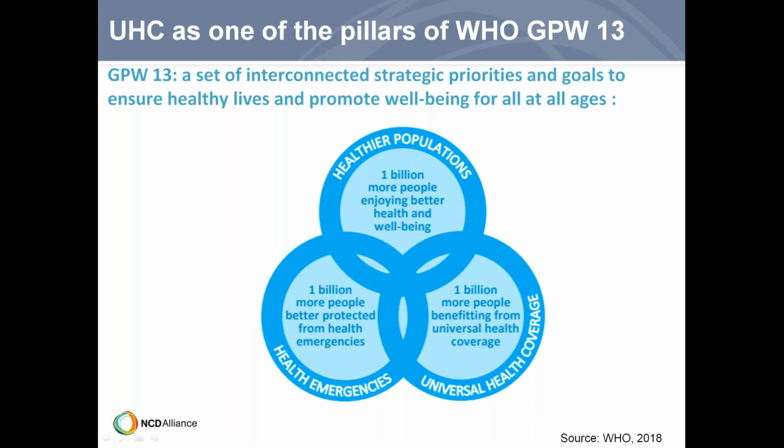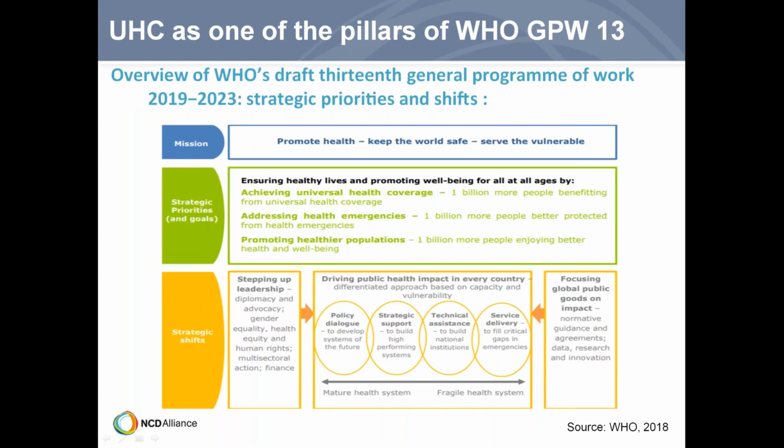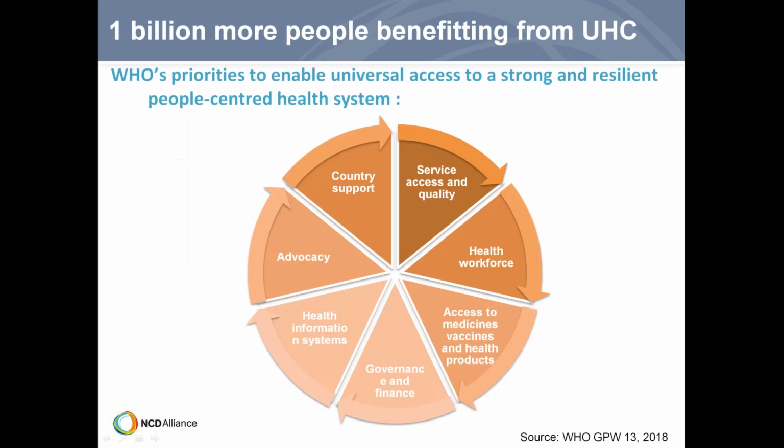So one of these billions is 1 billion more people benefiting from universal health coverage, and then the two other billions are 1 billion more people enjoying better health and well-being, and 1 billion more people better protected from health emergencies. But you can see that these priorities are all very interlinked in any case. I'm actually going to skip over the next slide and move straight to the one on 1 billion more people benefiting from UHC.